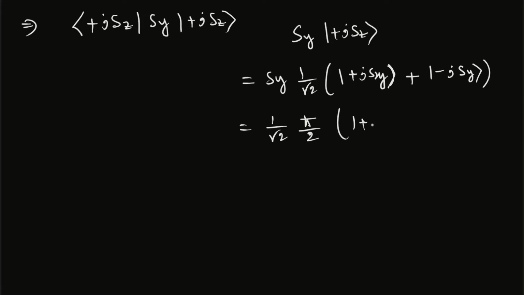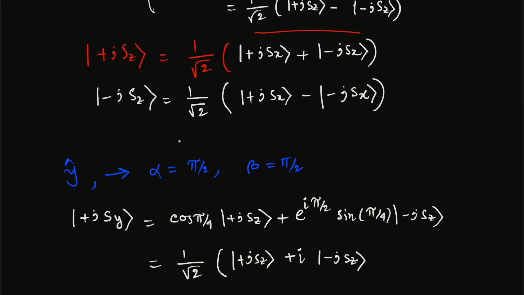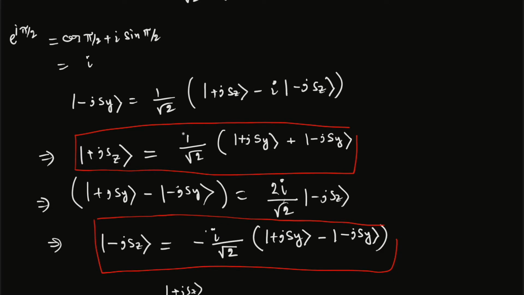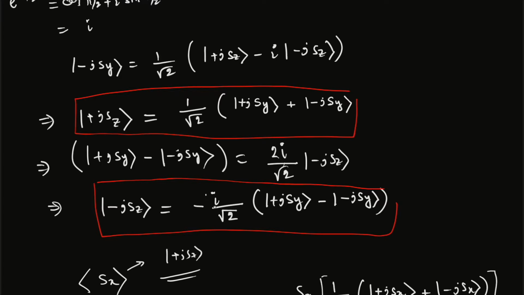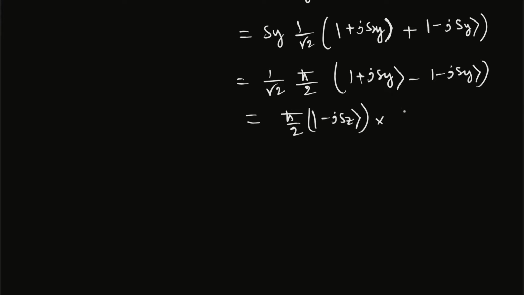This will give plus Sy, and when we operate on this state, it will give minus h cut by 2, which means minus Sy. That means it is h cut by 2 plus Sy minus minus Sy, and there will be a factor of minus i here, 1 by minus i.